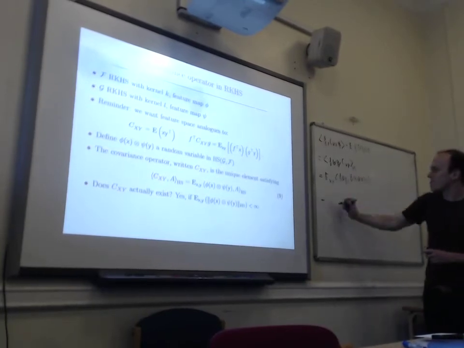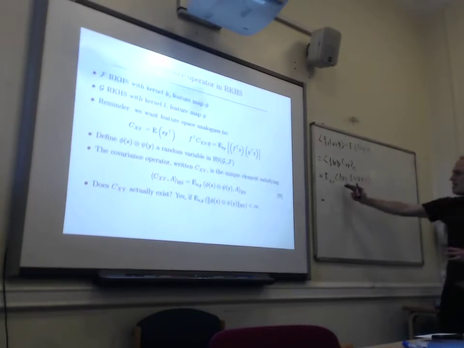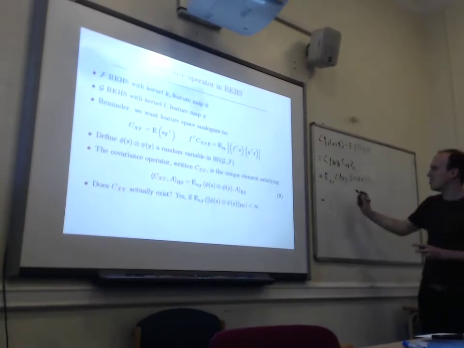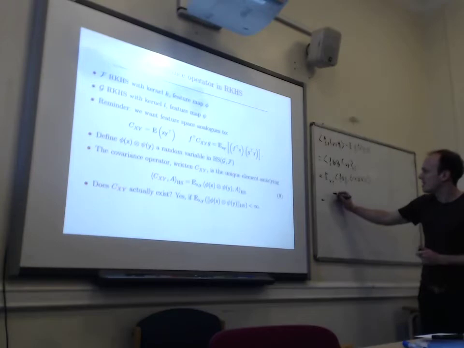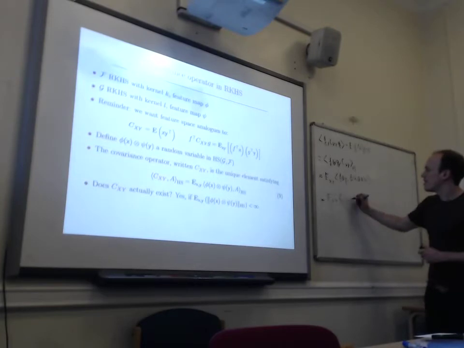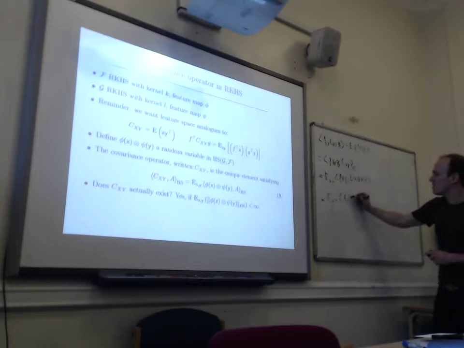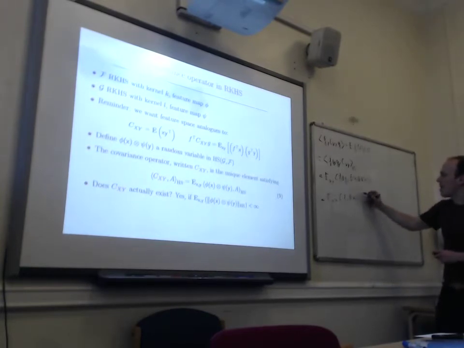Well, now using again the inner product between two tensor mappings, what we have is the expectation over x, y, and now we've got the inner product of f and phi x and g and psi y.